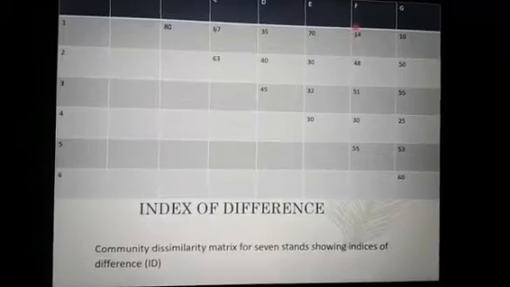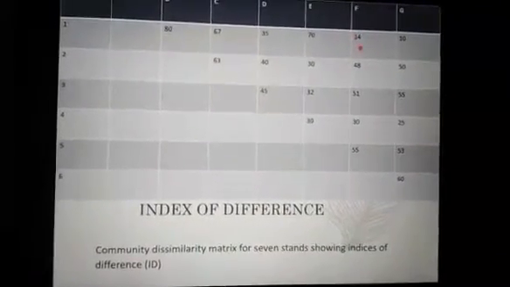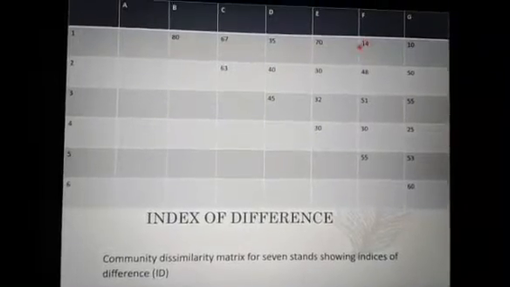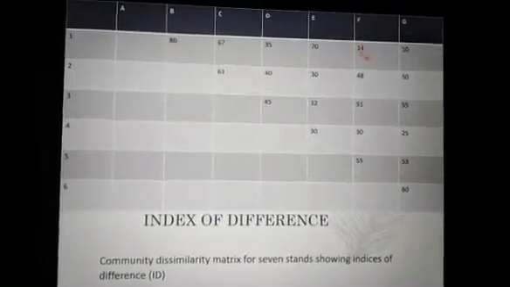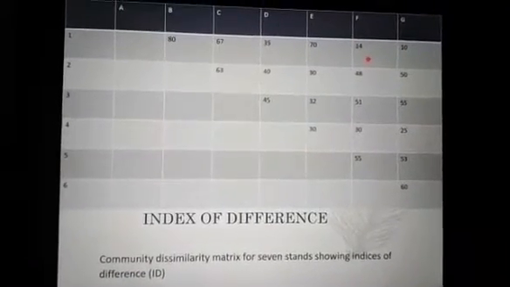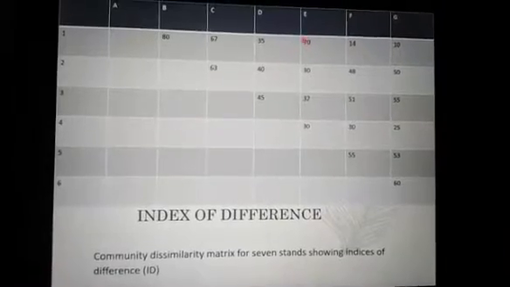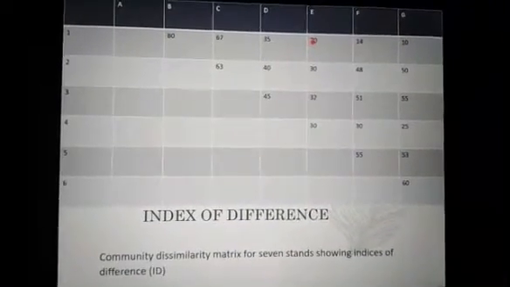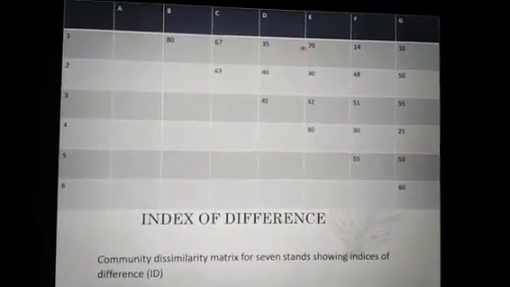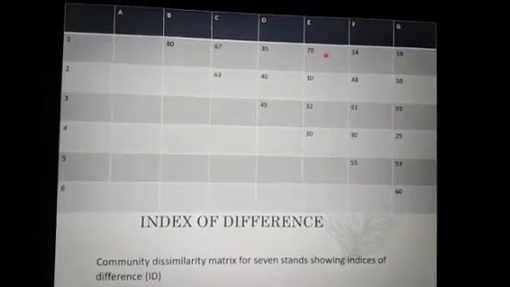For E to F, it was 86, and 100 minus 86 gave us 14. Same here, we have a CC of 30, so to find the ID you say 100 minus 30.